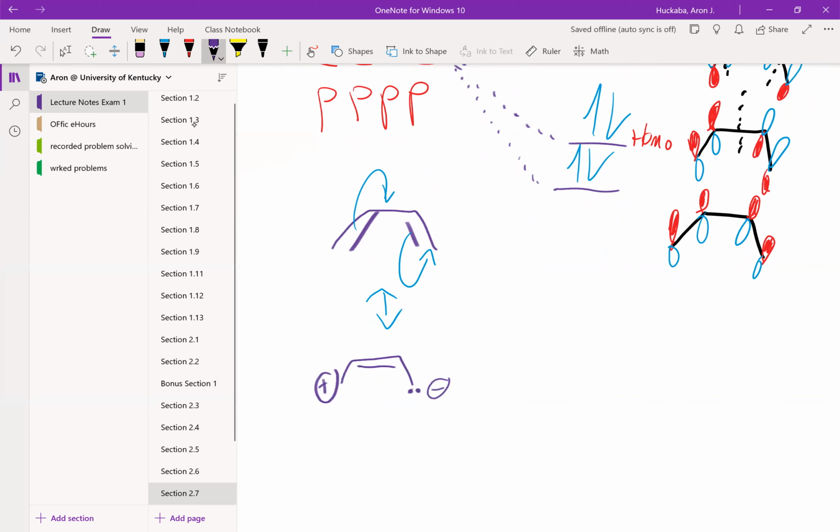And notice that what I've drawn is in brackets first. Those are called resonance brackets. In the middle of these two is a resonance arrow, a double-headed arrow that we use to signify that these electrons are constantly moving, and there's no real one structure that we're talking about.